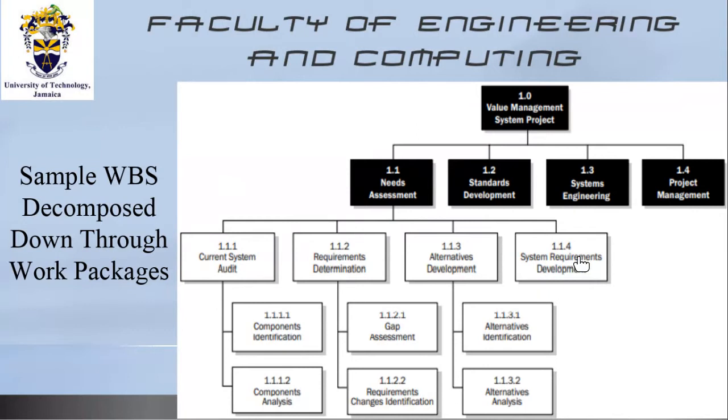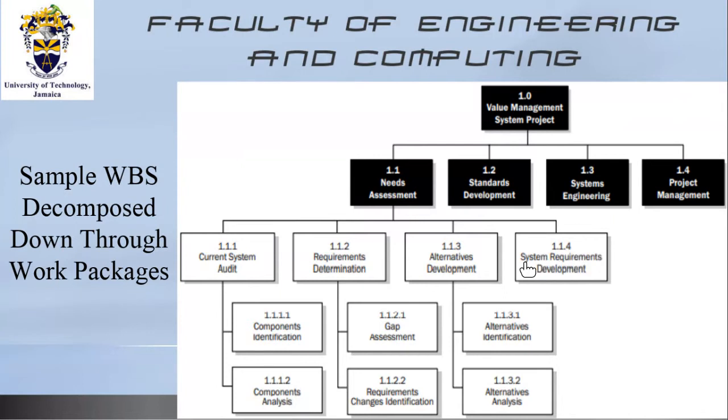We can determine at this level the amount of man hours required to do this job, and so if we can determine the amount of man hours, we can determine cost. You do not need to break this down any further, because the objective of breaking it down is so that it is manageable and also so that you can cost it. So this is a work package on its own. We don't need to break it down any further because we can cost it at this level.